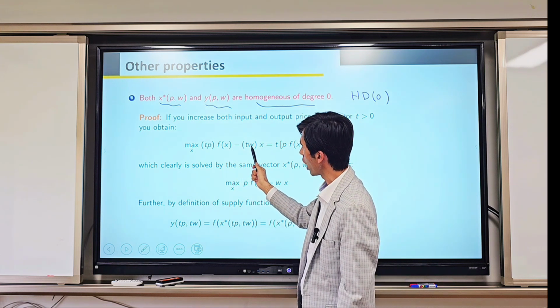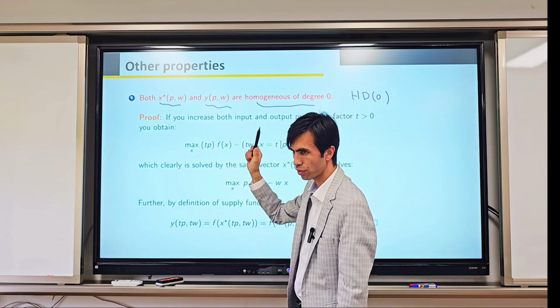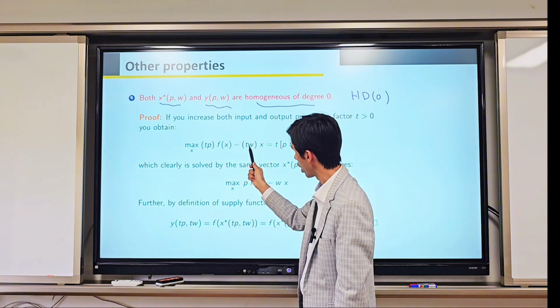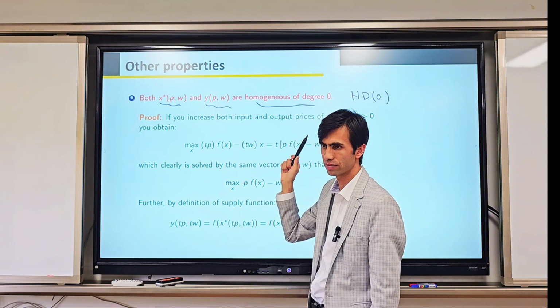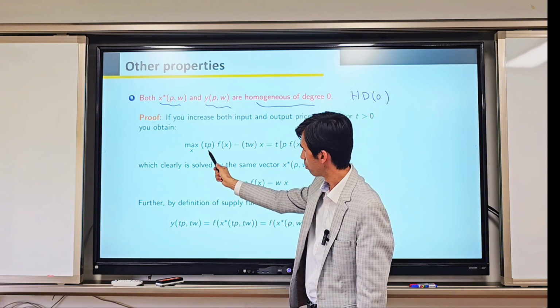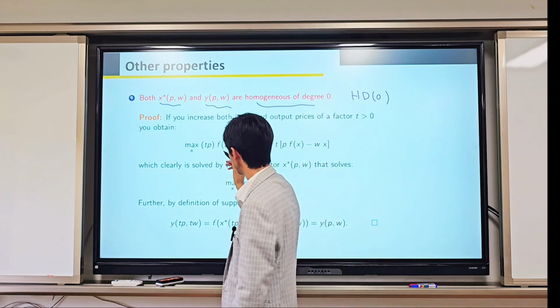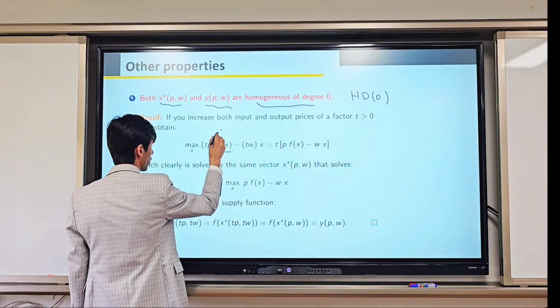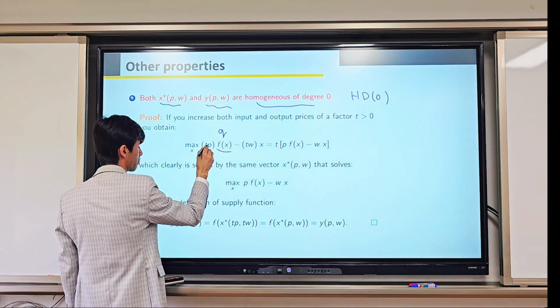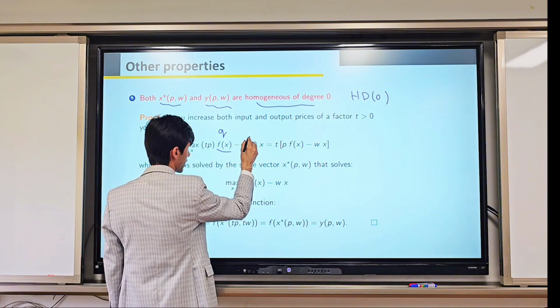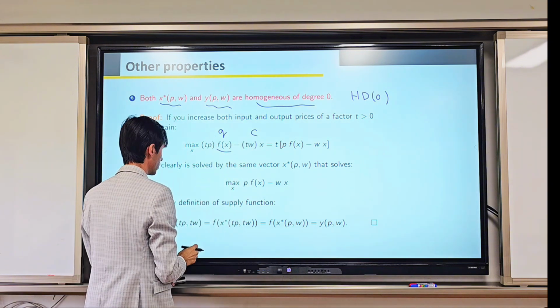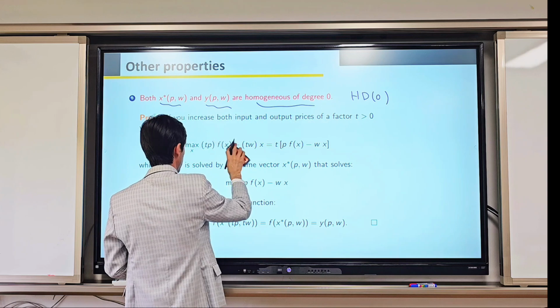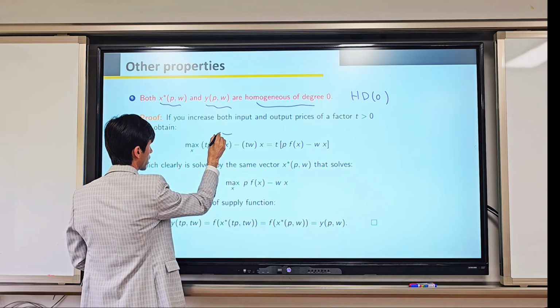If we multiply both output price and input price by some amount T, this is f(x) or your Q, this is P multiplied by T. This is your cost. So let me write down specifically. This is our revenue.